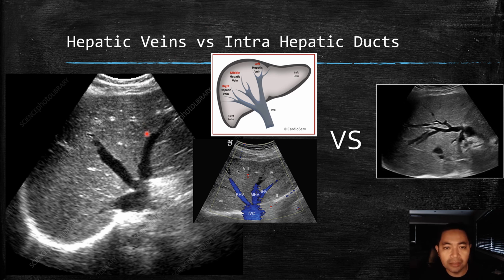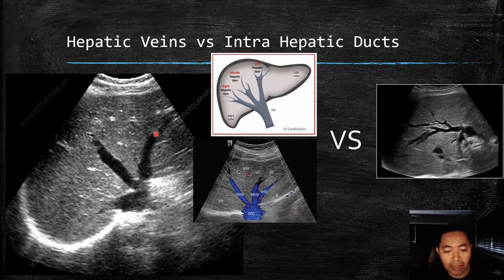The hepatic veins are easily and clearly differentiated from the intrahepatic ducts by their course and by their walls. The walls of the hepatic veins are not echogenic compared to the bile duct and portal venous system.